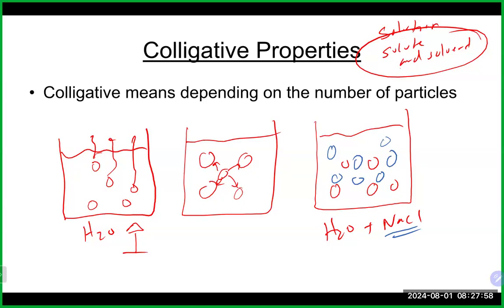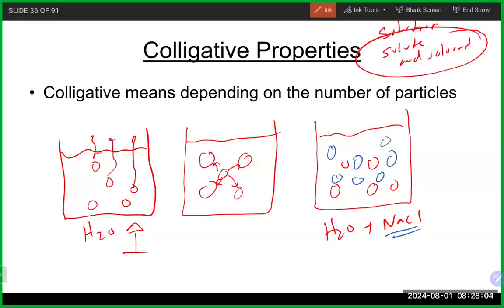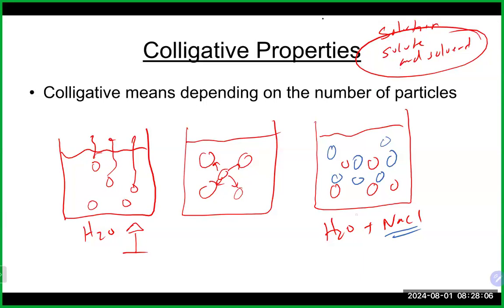And what this does is it gets in the way, frankly, of these water molecules. Let's say you want to heat this up. It gets in the way of these water molecules trying to escape. It's got to go around all this extra stuff floating around in the solution to try to escape.